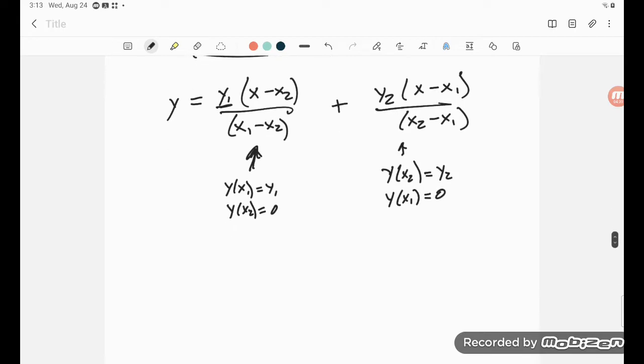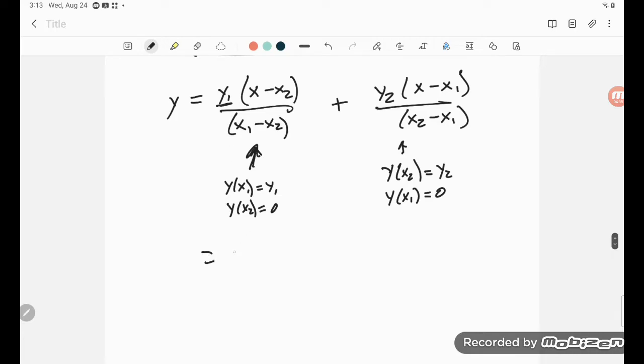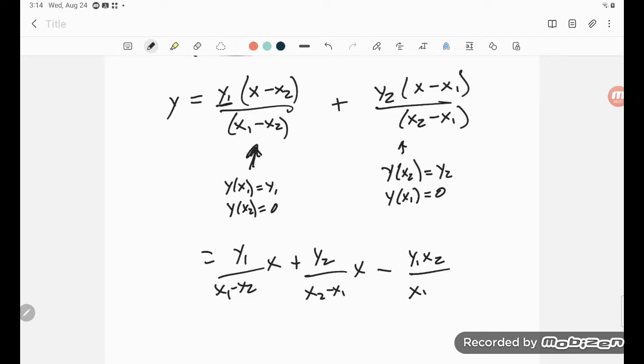Well, if you evaluate this stuff, you get y1 over x1 minus x2 times x, plus y2 over x2 minus x1 times x, and then minus y1 x2 over x1 minus x2, and minus y2 times x1 over x2 minus x1.